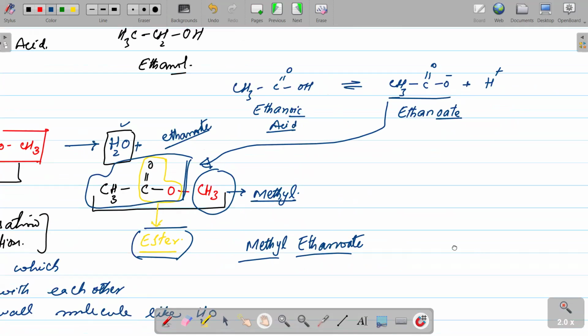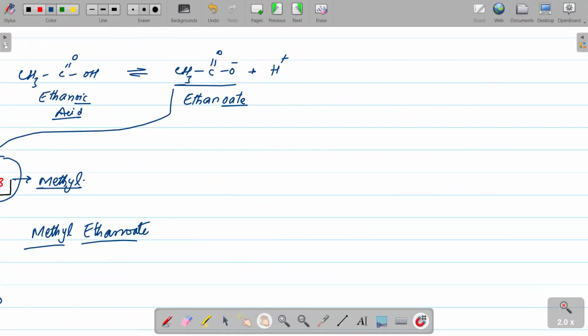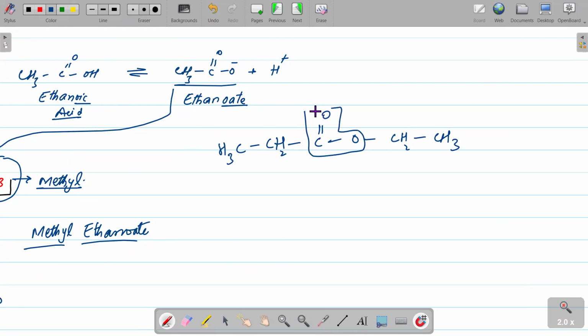Okay, let's take one more example. Let me give you a very simple hint to name these esters. Look at this. If I have an ester like this, let me make it easier first of all. That is an ester. How can I say that is an ester? I know that C double bond O and O is present in the center of the chain.